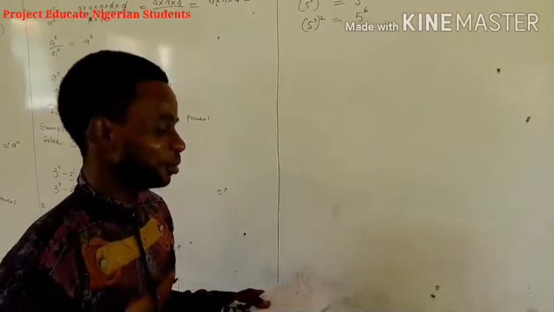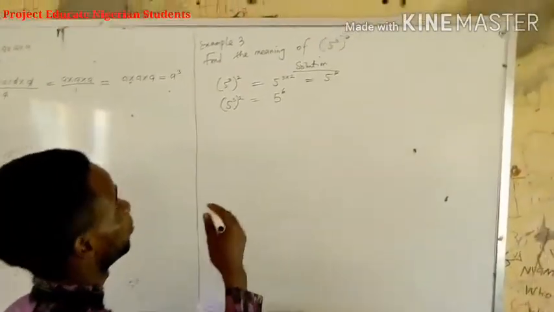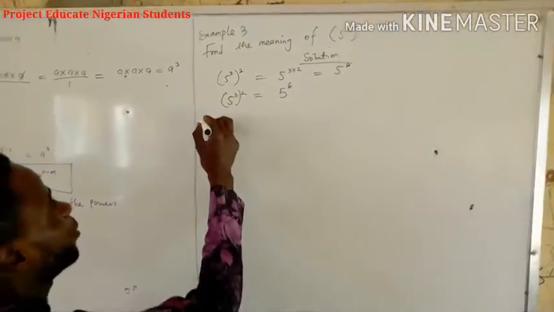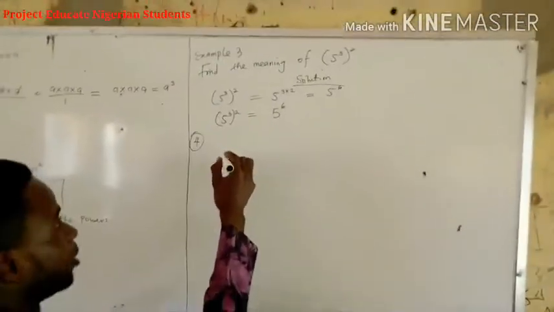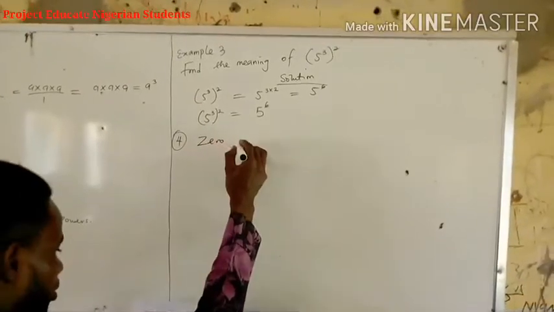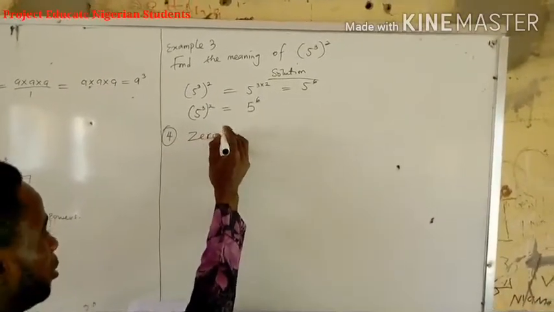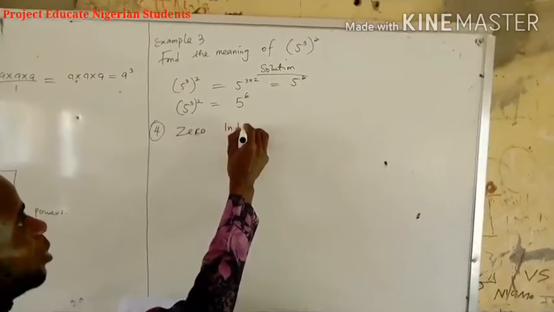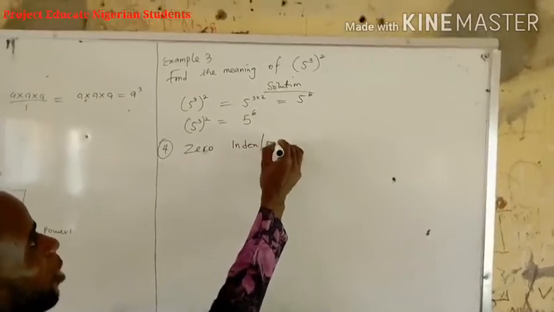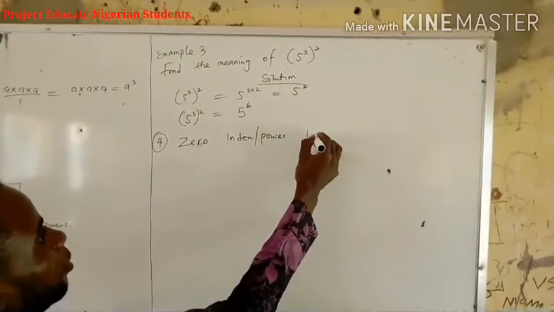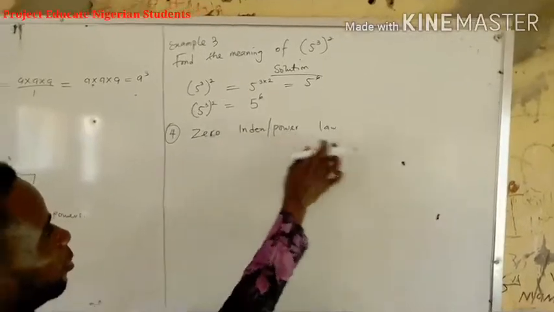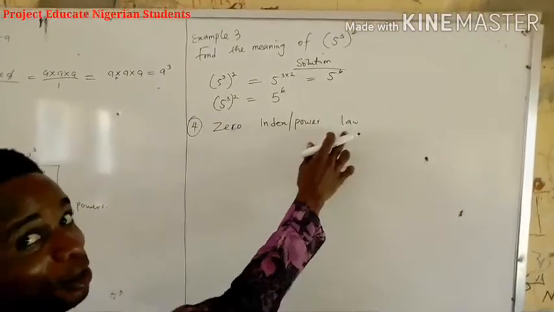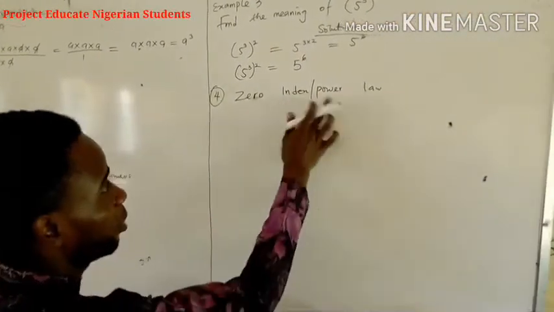So let's go to the fourth law. This is zero index or zero power. The fourth, zero index or power law. You can say zero index law or zero power law. So pick any one among them.